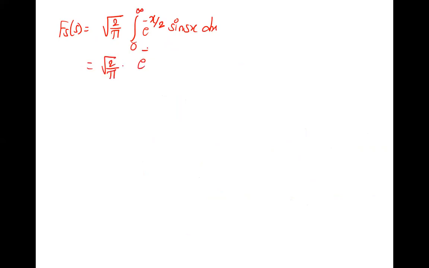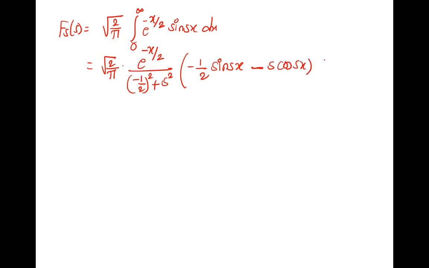So it is e raised to ax upon a square plus b square. a is minus half, so minus half square plus b square, b is s. Into a is minus half, into sine, a sin sx, minus, as it is sine there is minus, b is s, sine becomes cos sx, and the whole is from 0 to infinity.